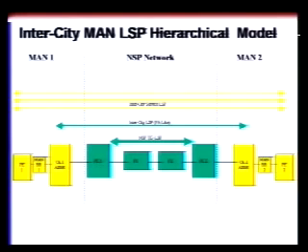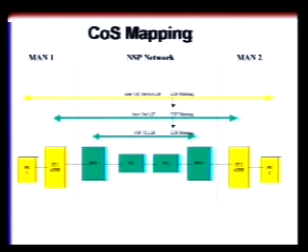When I presented this in July to the Metro Ethernet Forum, I also had Yakov work with me on this, and he helped me refine it, and we came up with this idea of exactly how to do this.